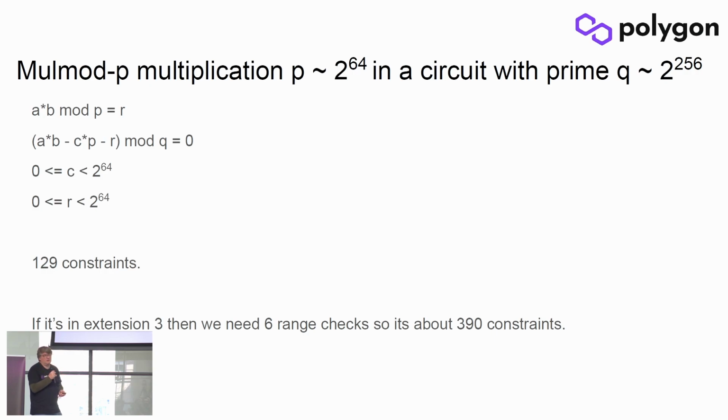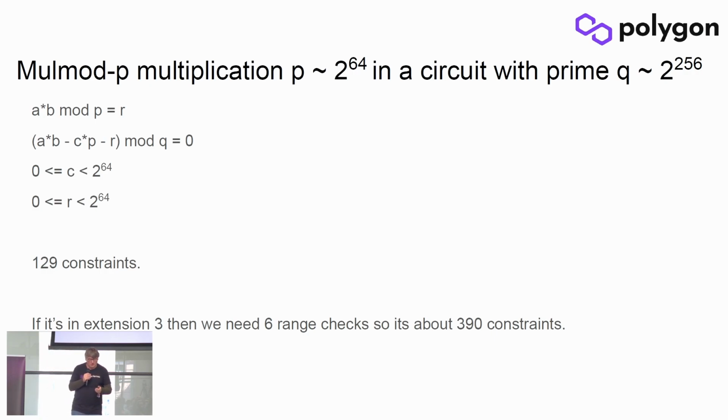Each range check, if it's 64 bits, is more or less 64 constraints. Here, if you have carries, maybe it's a little bit more, maybe 129 or 130 for the carries altogether. We are working with extension fields.